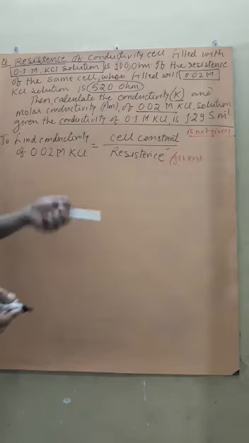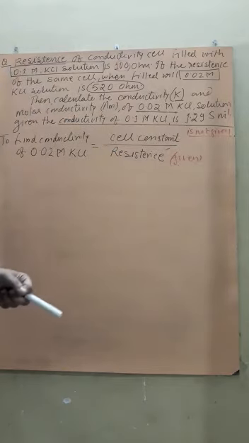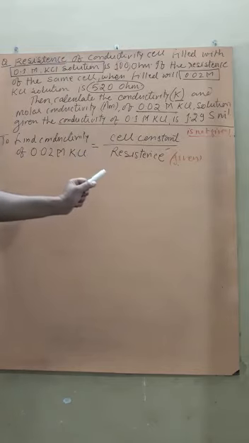So what to do? We can first find the cell constant using the 0.1 M KCl solution, and from there we can place the value. Are you getting?